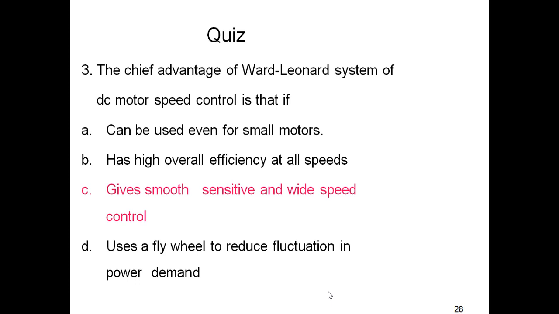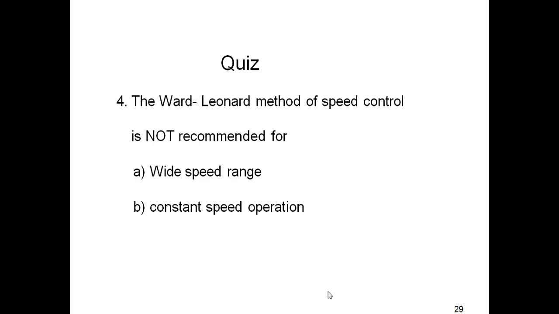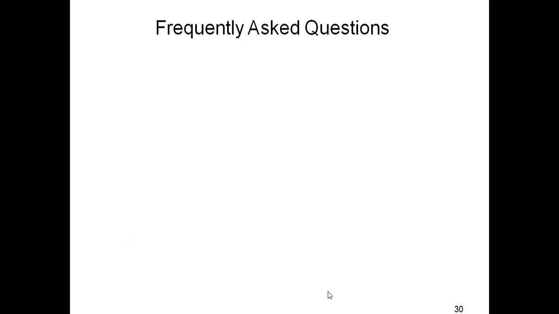The answer is it gives smooth, sensitive, and wide speed control. The fourth question is, the Ward Leonard method of speed control is not recommended for: wide speed range, constant speed operation, frequent speed reversals, or very low speeds. As it is not recommended for frequent speed reversals. Thank you very much for listening.